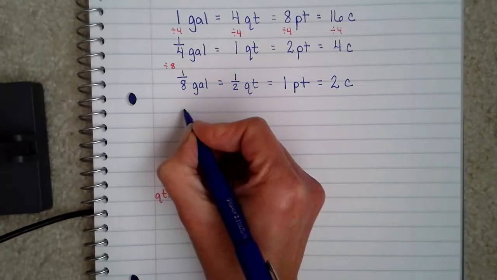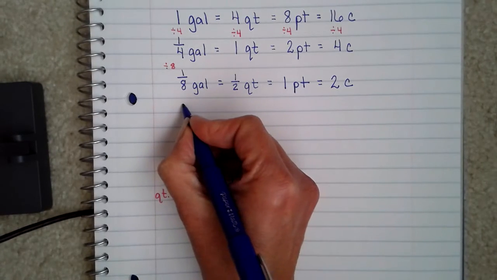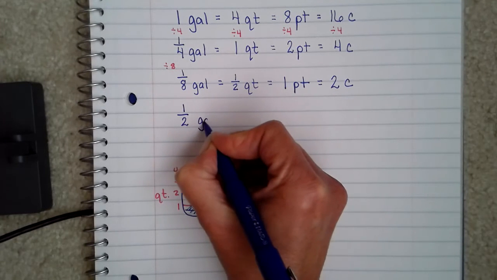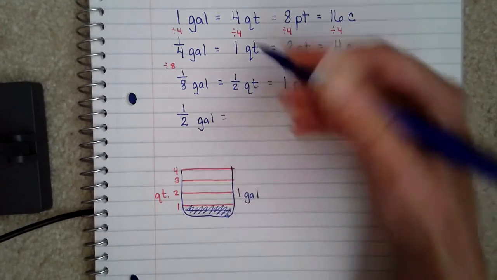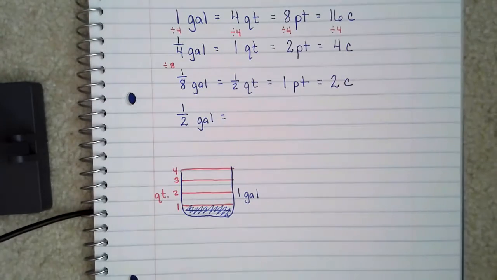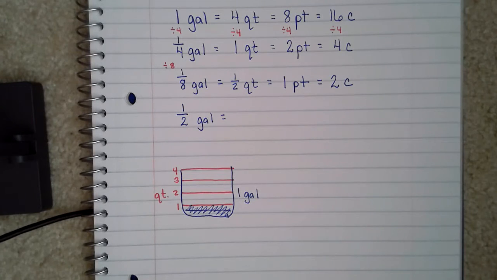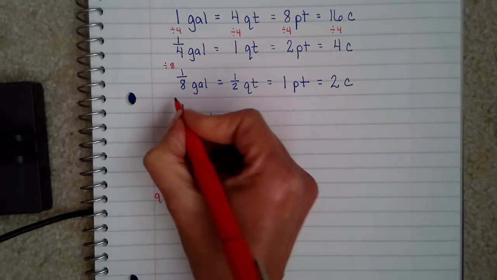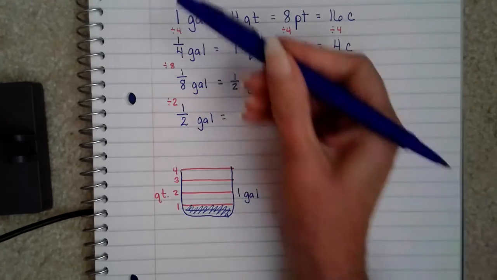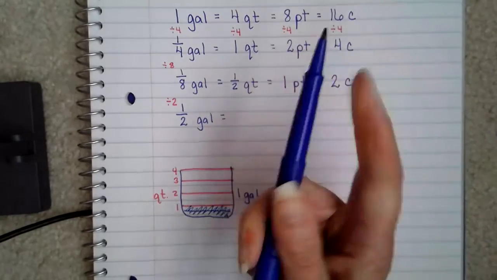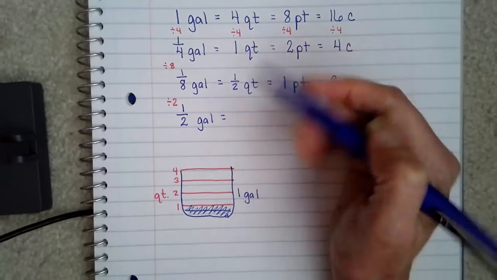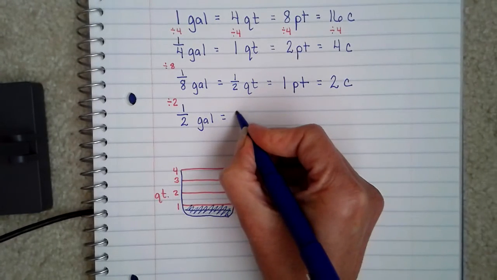Now, what if I wanted to do half of a gallon? Think about that. What would I divide 1 by to get a half? Did you figure out that you needed to divide it by 2? So 1 gallon divided by 2 is half of a gallon. So we go up to the top again. 4 quarts divided by 2 is 2 quarts.